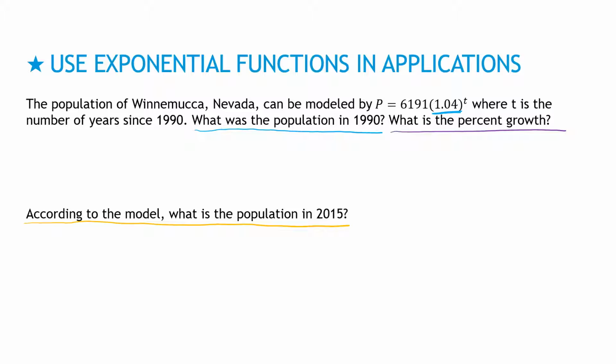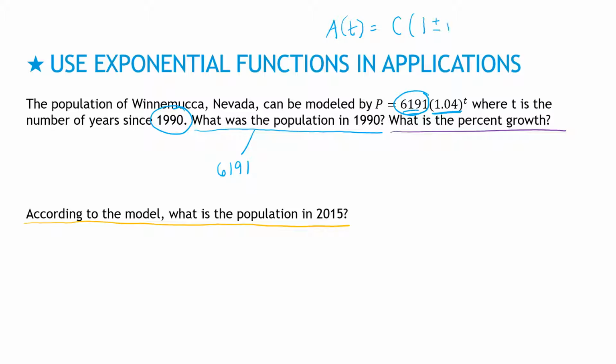So looking at our function, the population in 1990, which is when our function is beginning, because t is going to be the number of years since 1990, the population in 1990 had to be 6191, because that's the initial amount. That's where it goes in our function. Remember, we talked before about how our function is going to look like this. It really doesn't matter what function it is.